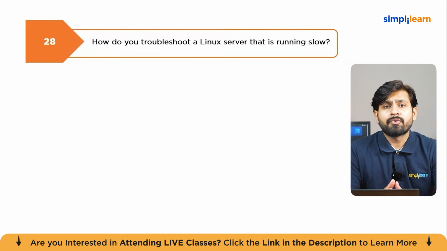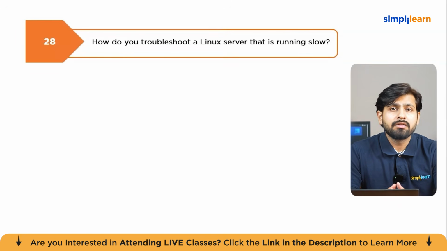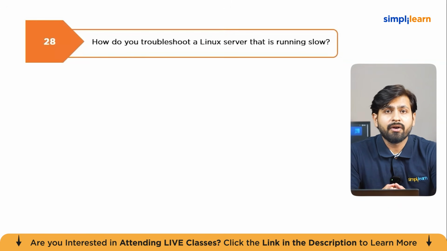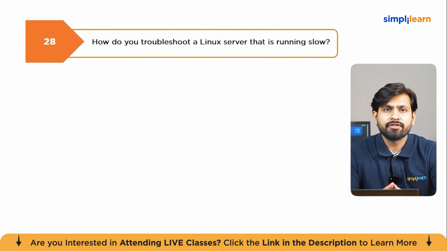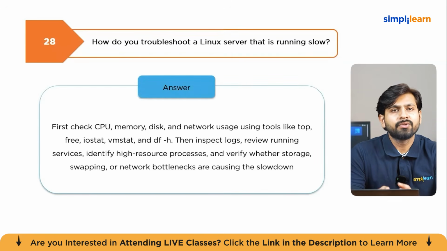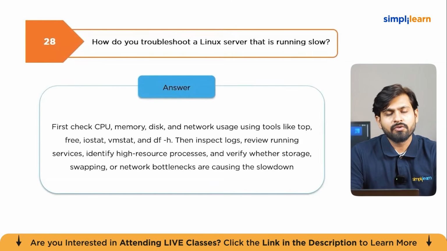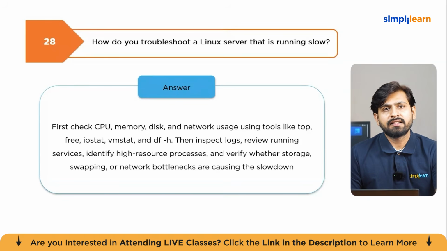Then guys, in the next step, you have to inspect logs, review running processes or services, identify high resource processes, and verify whether storage, swapping, or network bottlenecks are causing the slowdown. At the end of the day, guys, you need to do a thorough inspection. I hope you have got a brief idea regarding this.